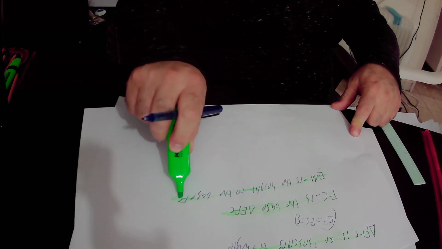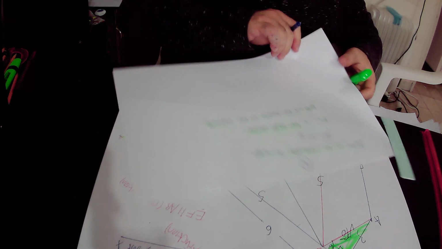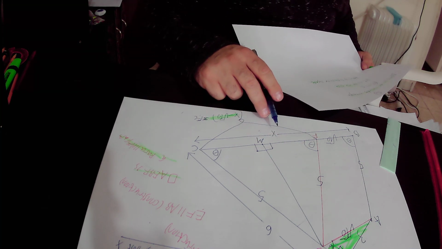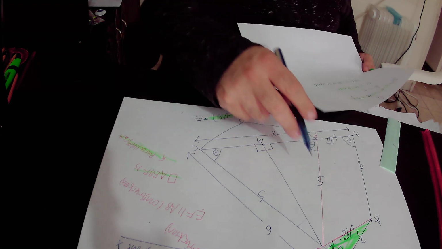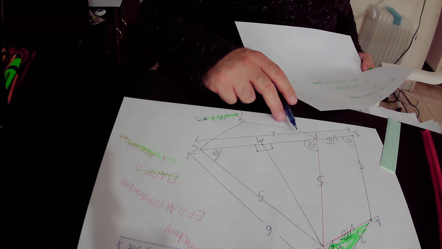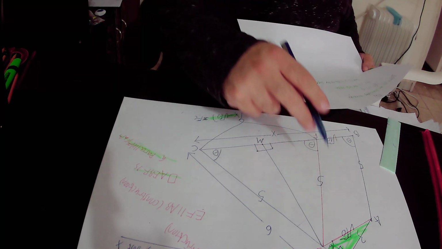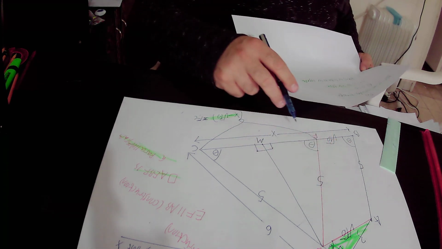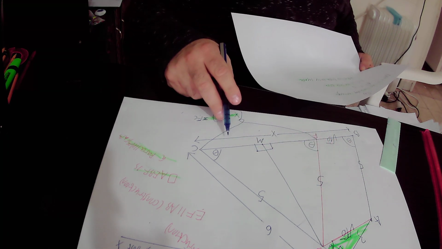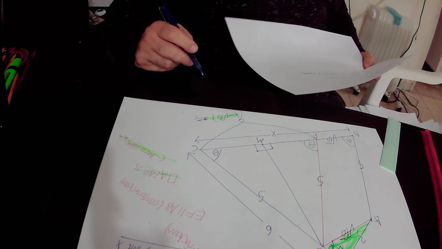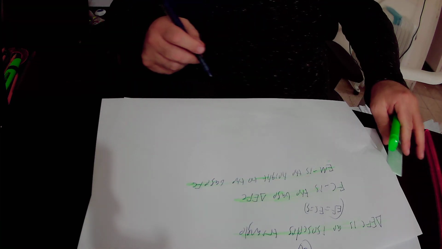Why is EM the height to the base? Because line segment EM is perpendicular to FC. When you have a line segment that is perpendicular to a side of the triangle and exits from the vertex, then this is exactly the definition of the height. Therefore, EM is the height to the base FC of the isosceles triangle EFC. And here we also have rule number 5.